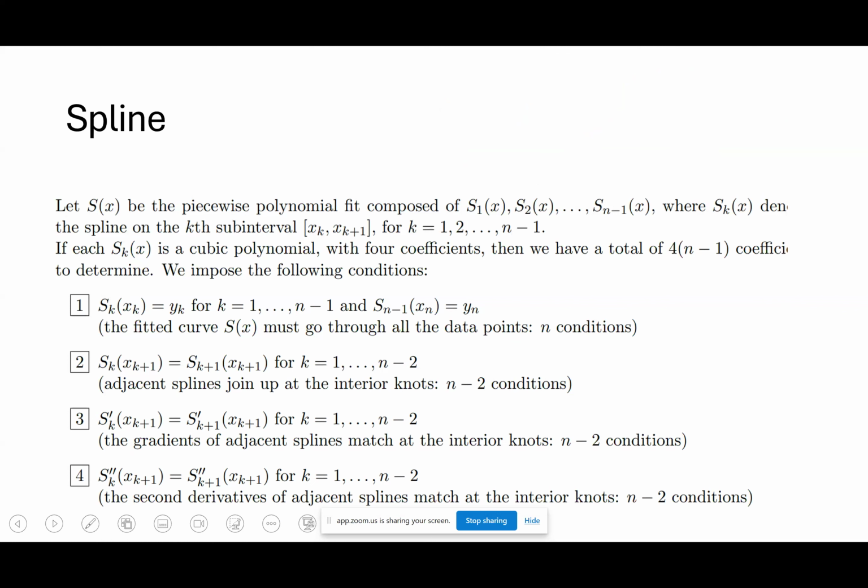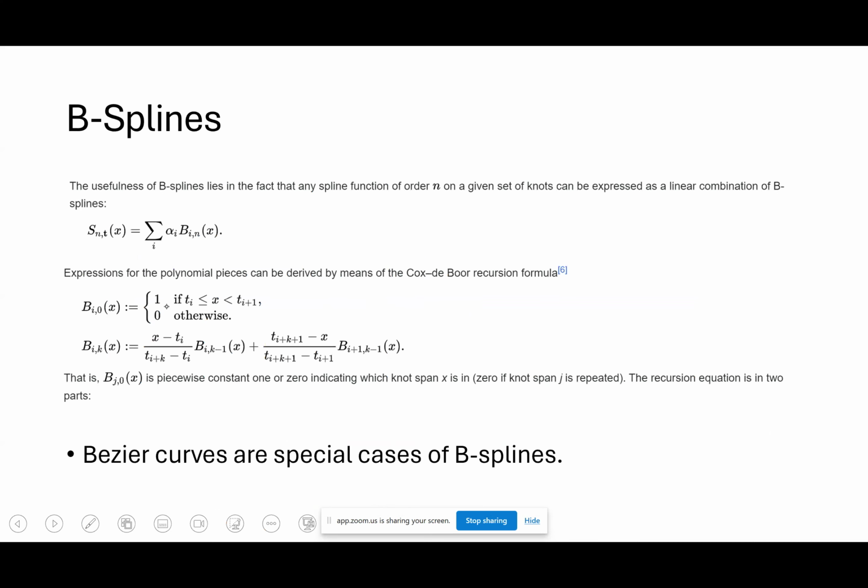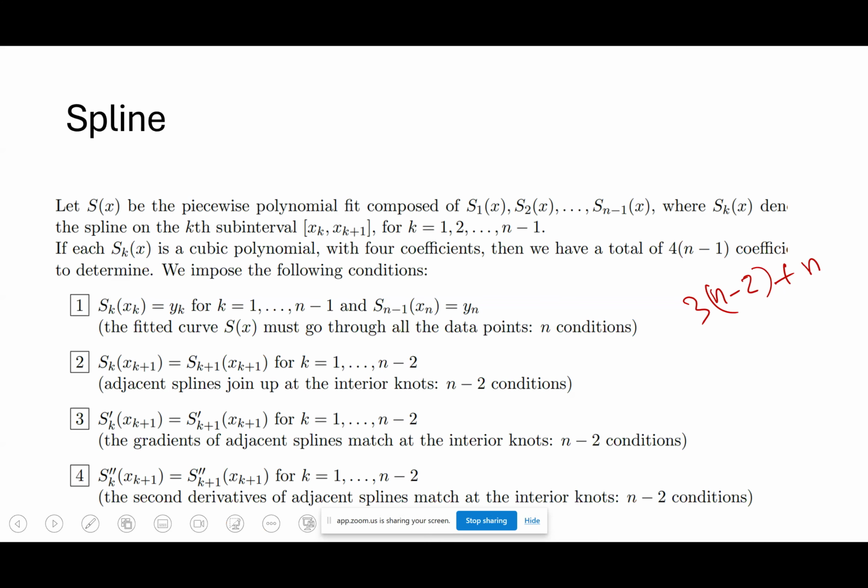In this way we get a total of 3 into n minus 2 plus n conditions, but still there are two conditions left over. What we assume is that at the end points the second order derivative is 0. So we get exactly 4 into n minus 4 conditions and 4 into n minus 4 equations.